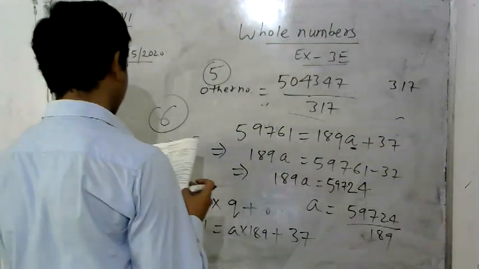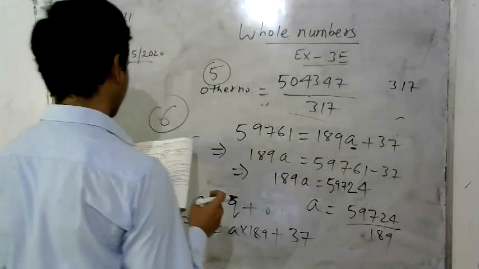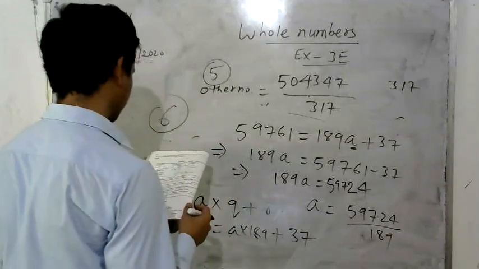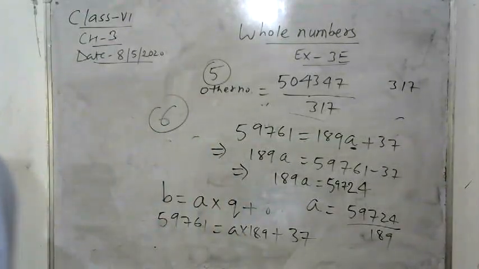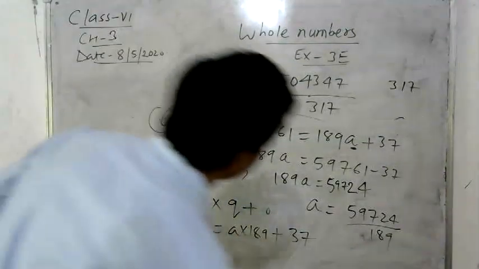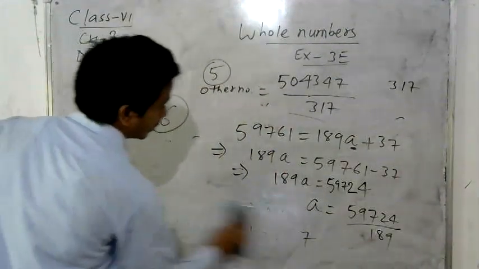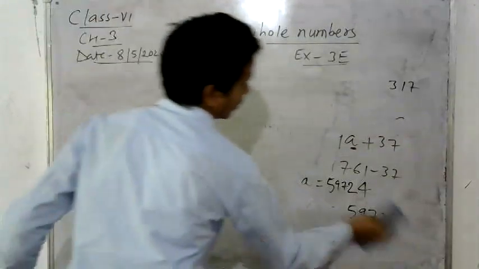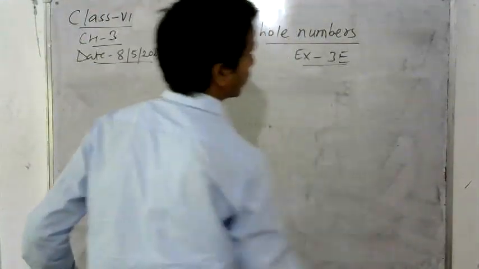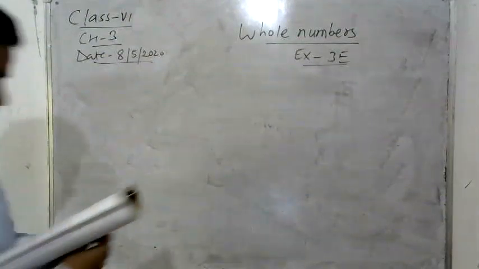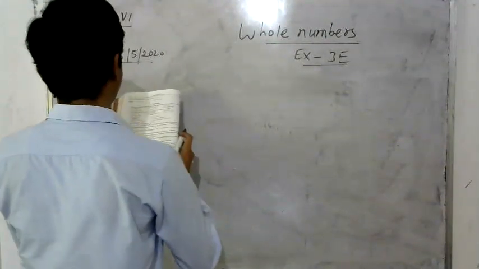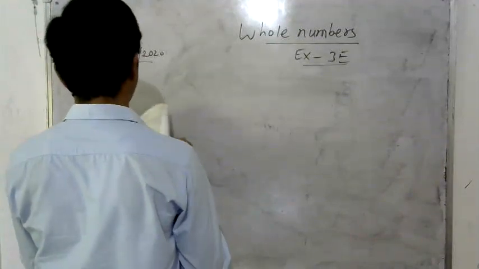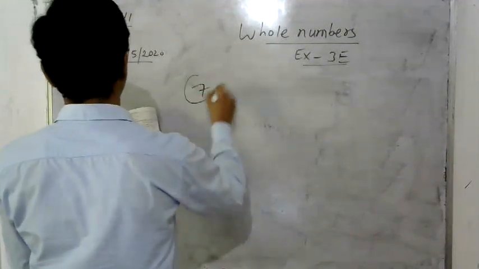Now in question 7, on dividing a certain number by 299, the remainder is this, and we have to find the quotient. See question number 7.